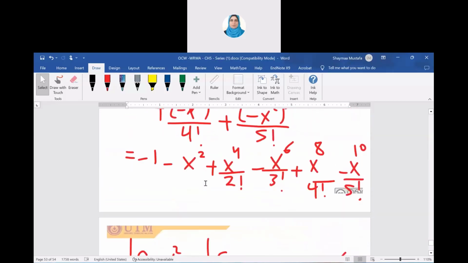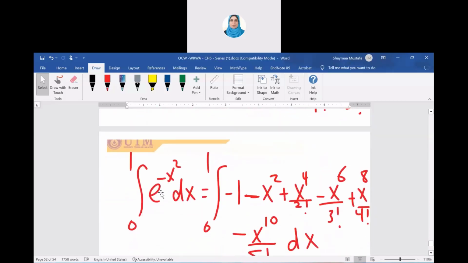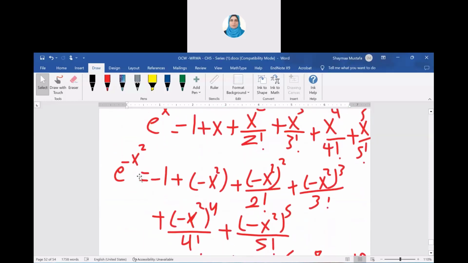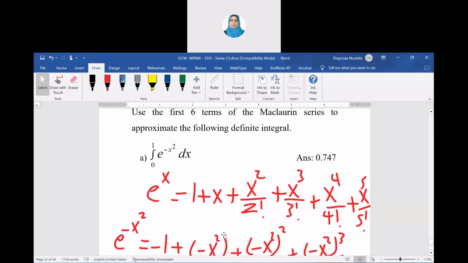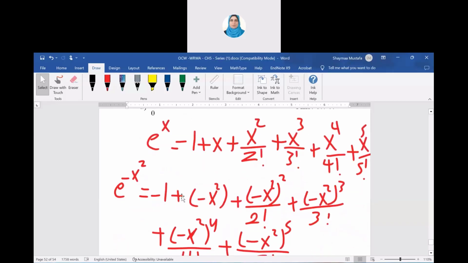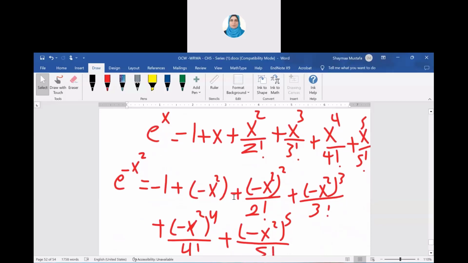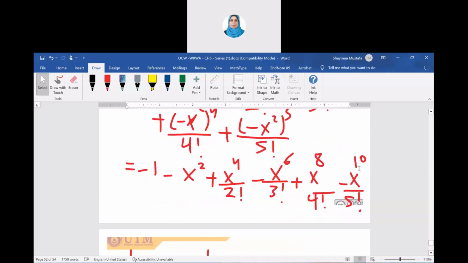In case of some function that we don't know how to integrate, we can approximate the value by using the Maclaurin series. We write the Maclaurin series for e to the minus x squared from the Maclaurin series of e to the x, by replacing each x by minus x squared.